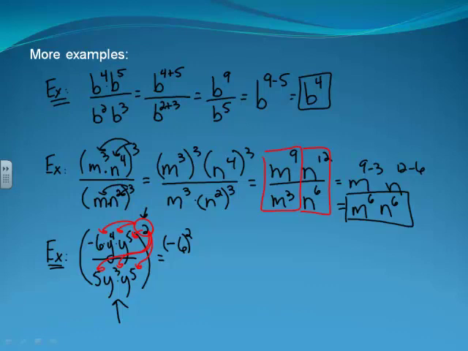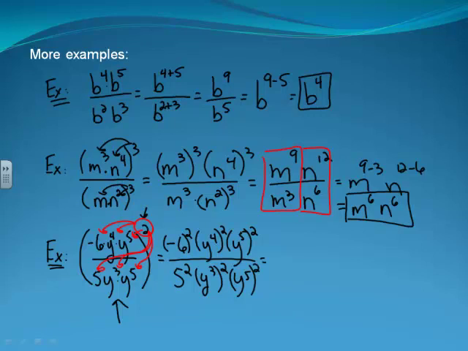All right, so then you've also got y to the fourth squared times y to the fifth squared divided by 5 squared, y cubed squared, and y to the fifth squared. All right, now clean that up. Negative 6 squared, negative 6 times negative 6 is positive 36.